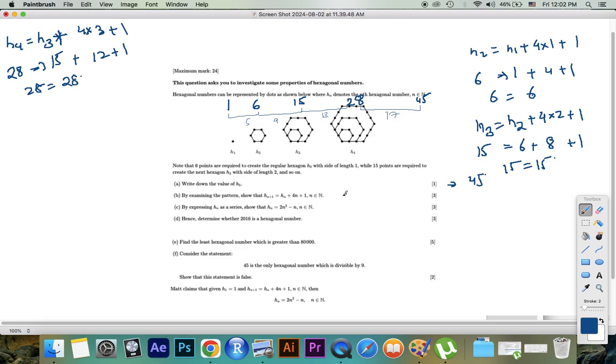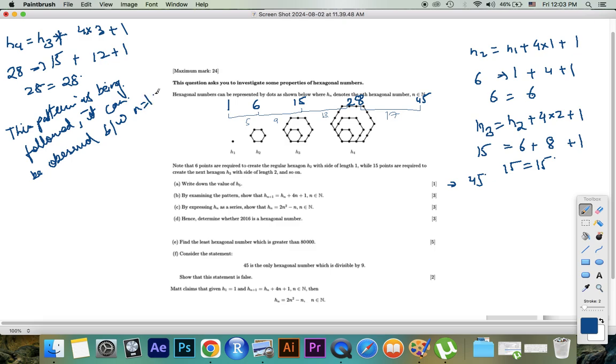So since this pattern is being followed, it can be observed between n equal to 1 to n equal to 4, right?